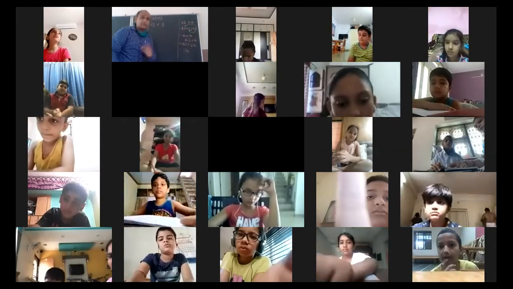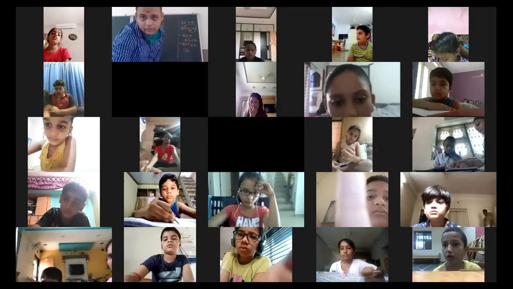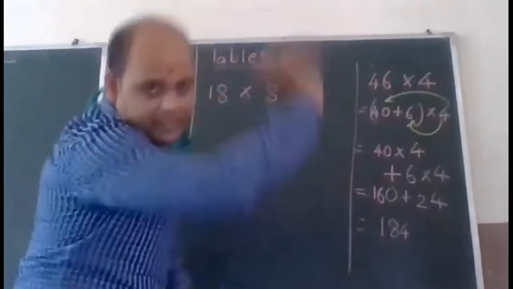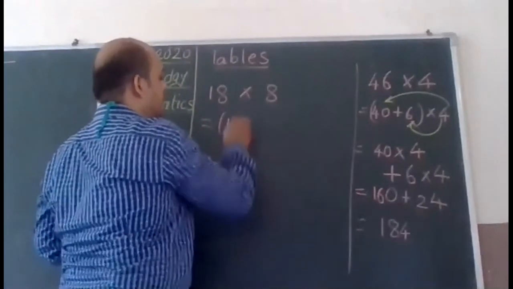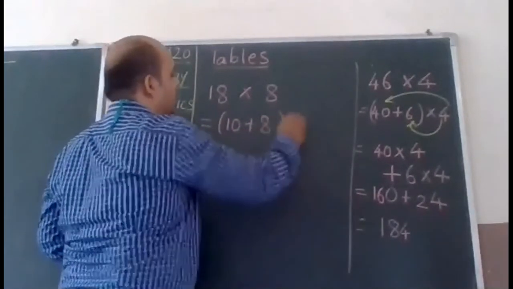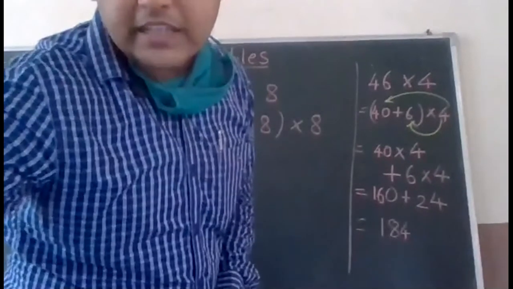Now, if you don't know the table of 18, what do we do? We can either multiply it regularly or do this, which is very simple: 10 plus 8 into 8. You know 18 is 10 plus 8.